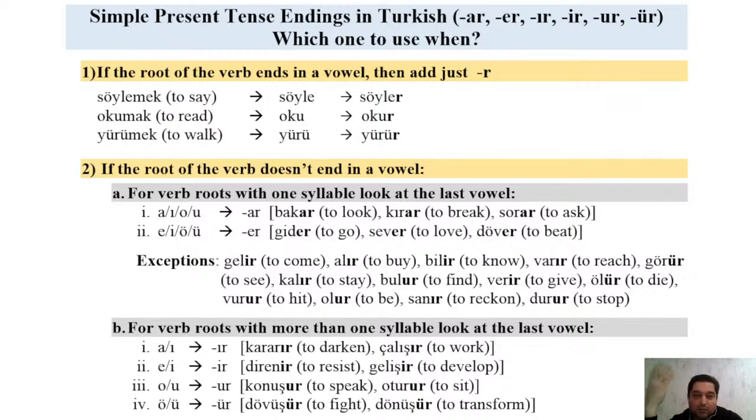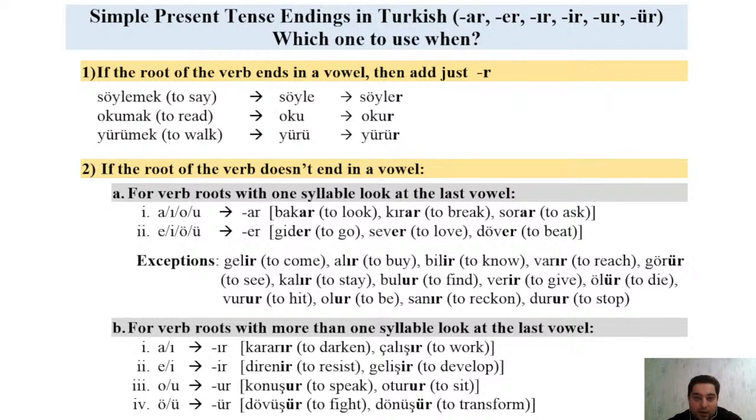If it's 1 syllable, if the root of the verb is composed of 1 syllable only, then it is either R or R, that's it. But here we have to look at the vowel hardness or softness. If the vowel in the 1 syllable verb root is a hard vowel, which is A, E, O, U, then it will be R. And if the vowel is a soft vowel, one of those, then you will add R.